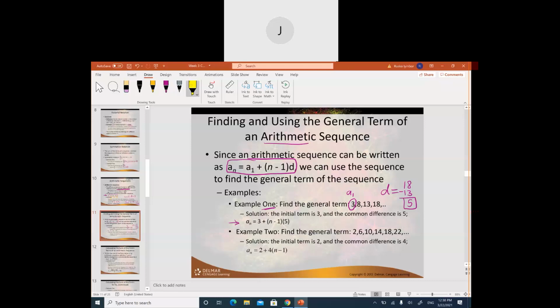This is the formula we're using. So the formula says A1 plus (n minus 1) times d, and this is An. Okay, gotcha.